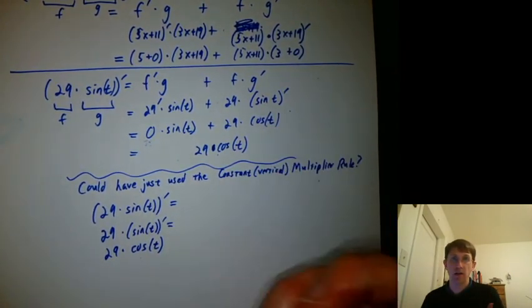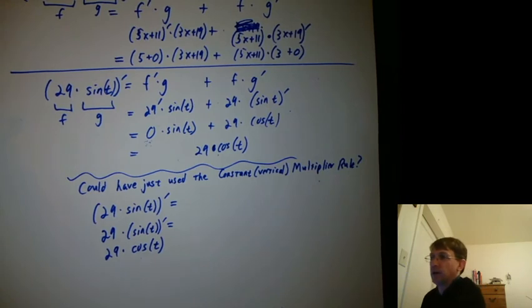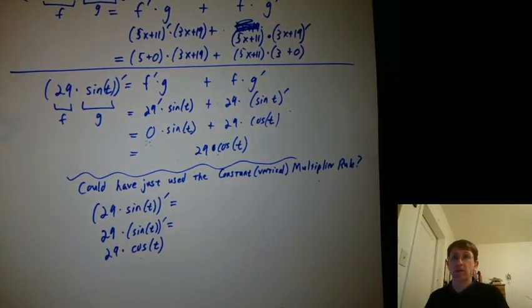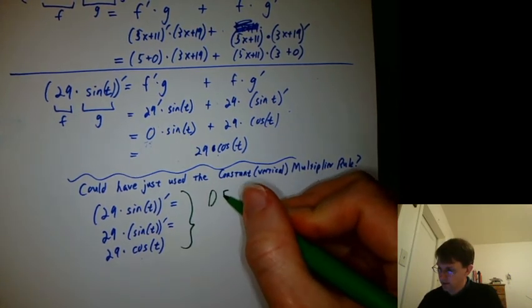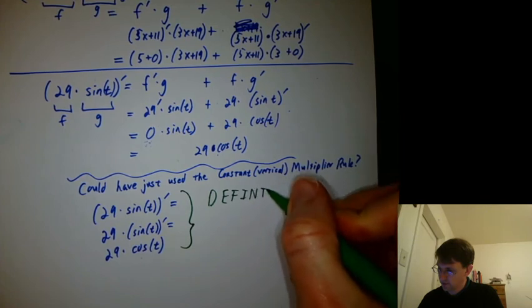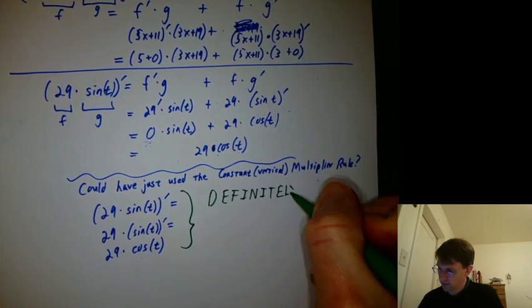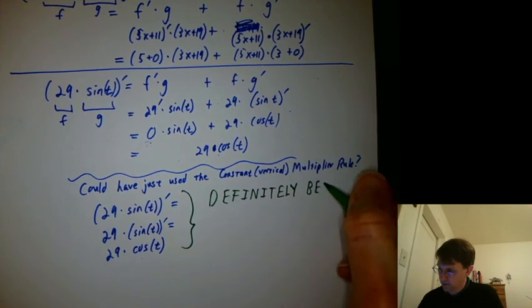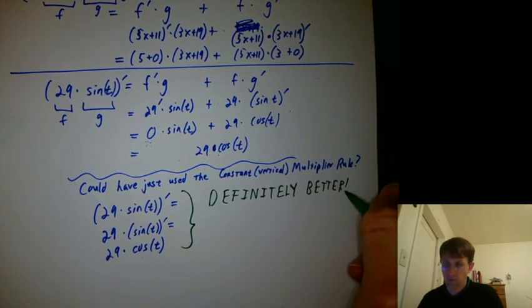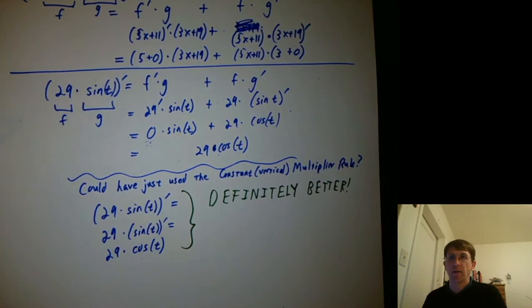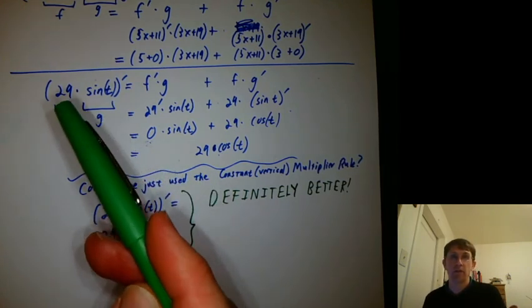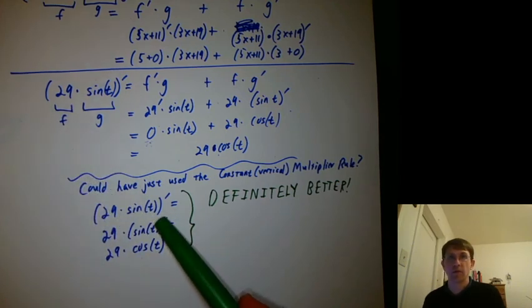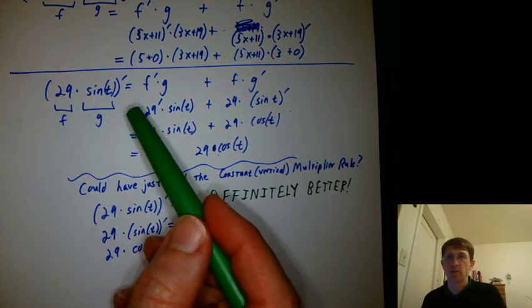It turns out you can use either one, but which one is better? Which one saves time? Which one is less likely to make a mistake? I'd say this one is definitely better. I've had people in classes before say, well, I don't want to have to think about whether I'm going to use the constant multiplier rule or just use the product rule.